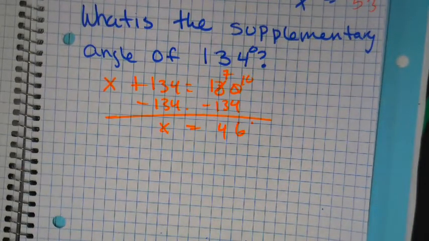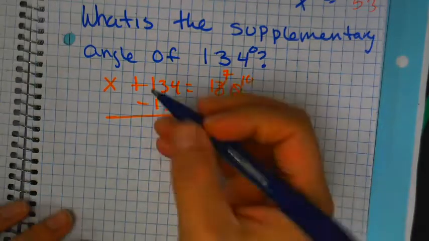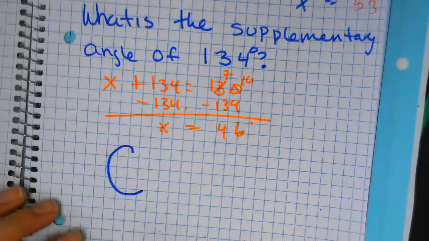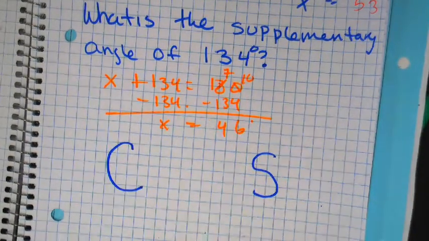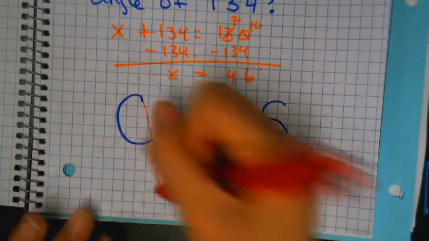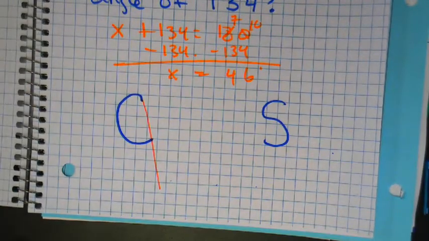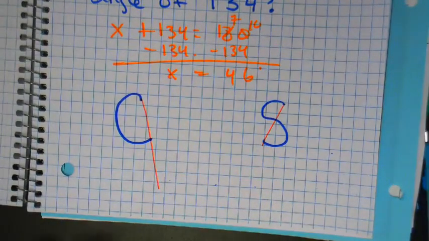So here's how I remember it. C for complementary and S for supplementary. This one becomes a 9 for 90, and this one becomes an 8 for 180. So C, the 9 for 90; S becomes an 8 for 180.